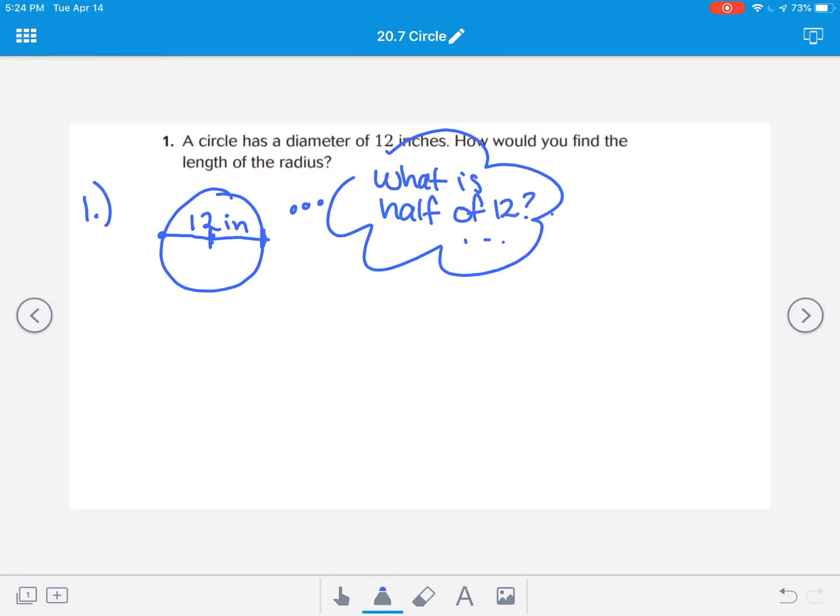That will tell us what our radius needs to be. So I know that if I take 12 and I split it into 2 parts, that's the same thing as dividing by 2. So 12 divided by 2 is 6. So that means that my radius would equal 6 inches.